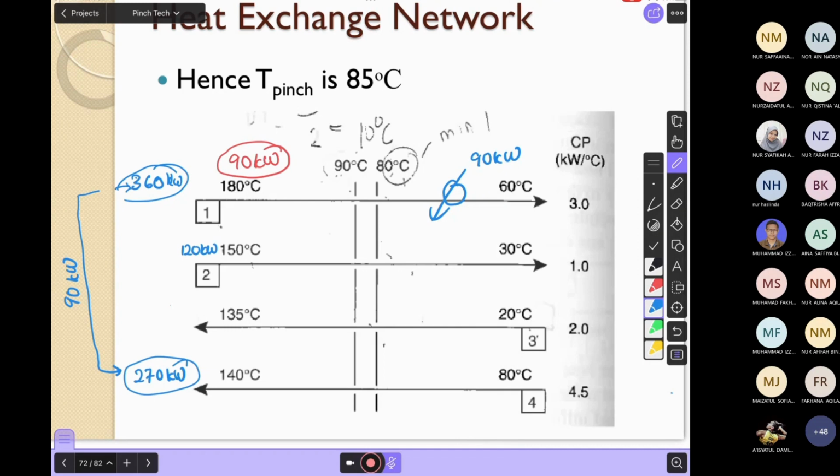The second one is 230 kilowatt. Now, do you think that you want to match stream number 1 and number 3? Boleh ke tak? Boleh ke tidak? 120 ke?